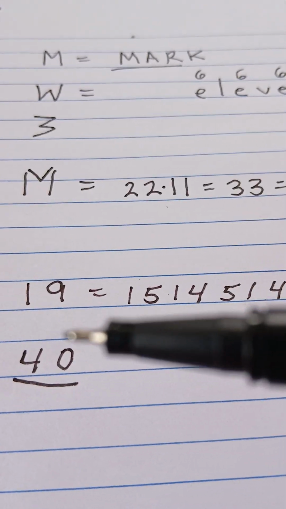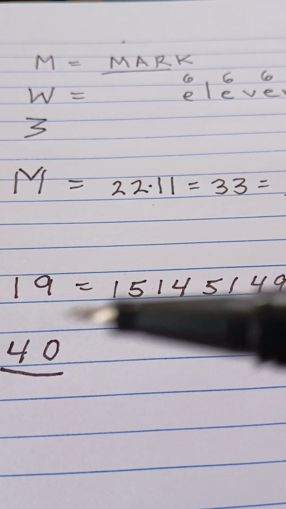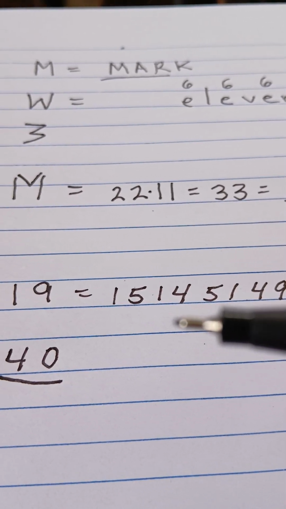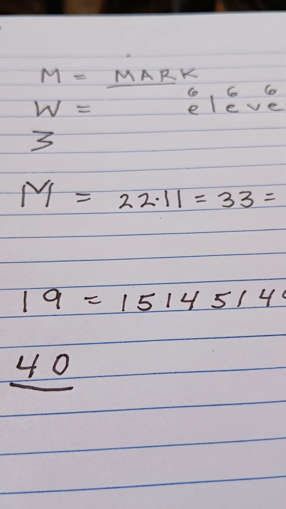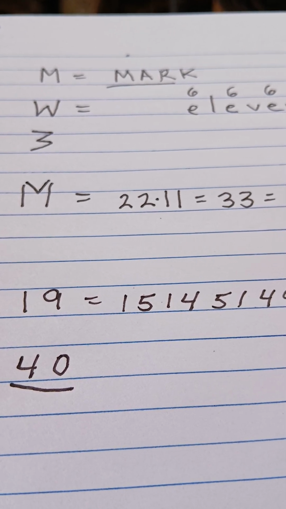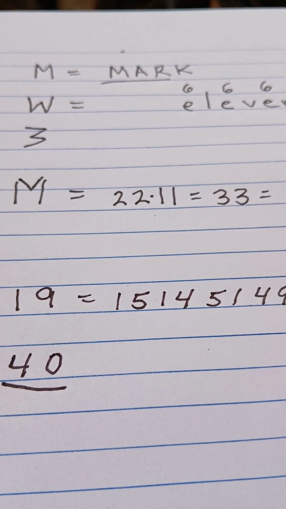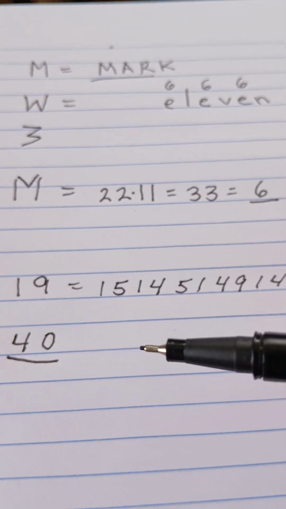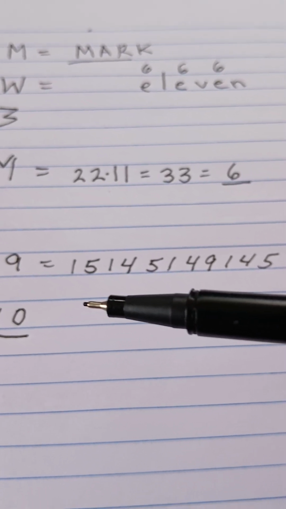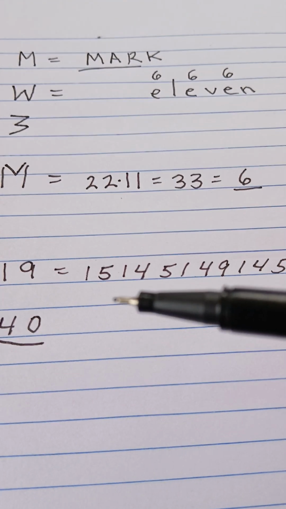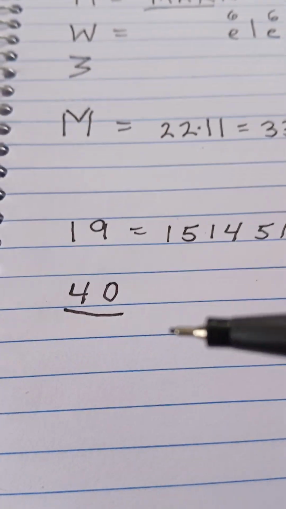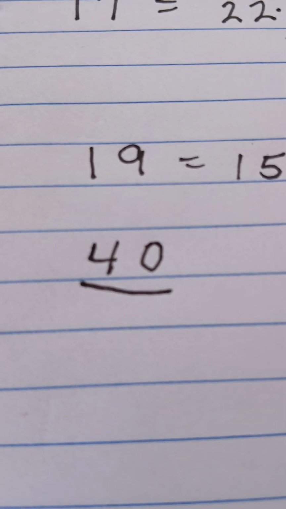Let's look at this 19 now. I wrote down here the letters for 19, okay? Let me see, is that right? Oh, okay, started out with 1 and 9. I'll do 19 on the next one. So that's a 1 and a 9. That equals 40.